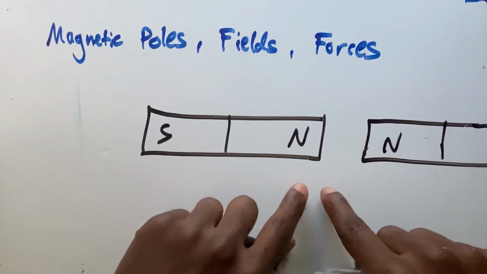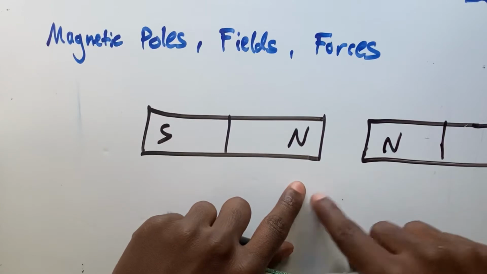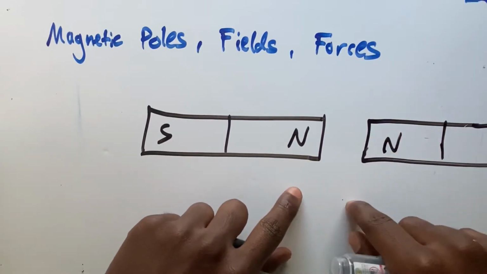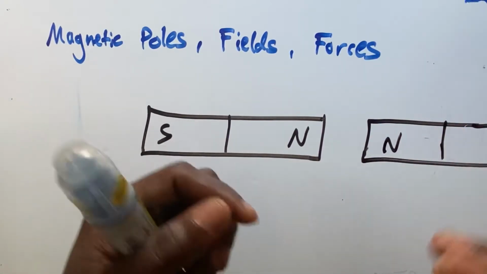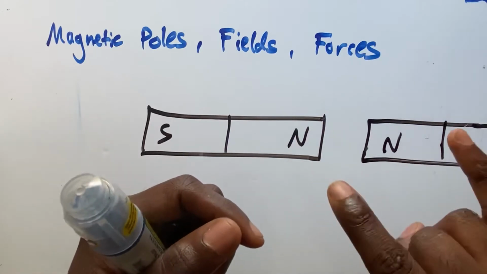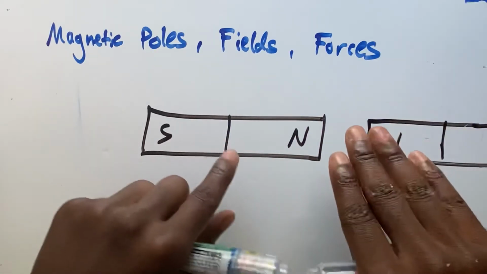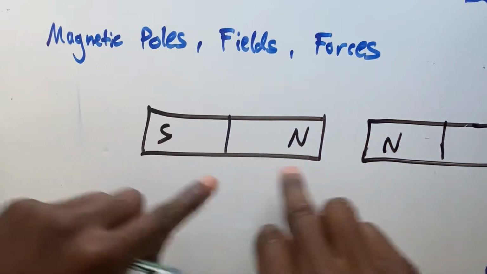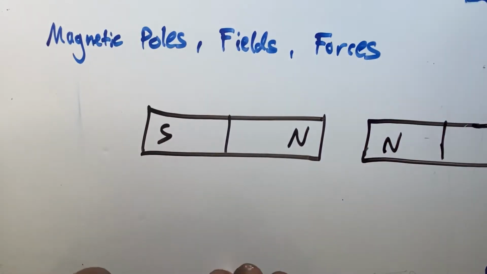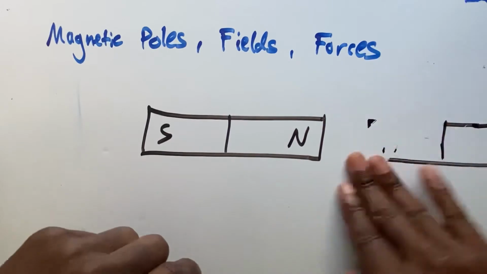That being, like poles repel and opposite poles attract, just like opposite charges attract and like charges repel, right? So, this is the north and the south pole of a magnet.